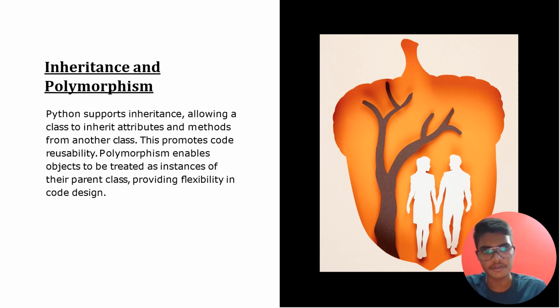Inheritance and polymorphism. Python supports inheritance, allowing a class to inherit attributes and methods from another class. This promotes code reusability. Polymorphism enables objects to be treated as instances of the parent class, providing flexibility in code design.